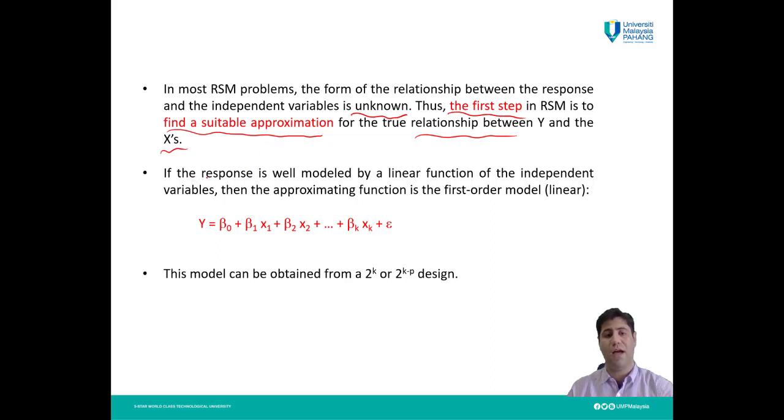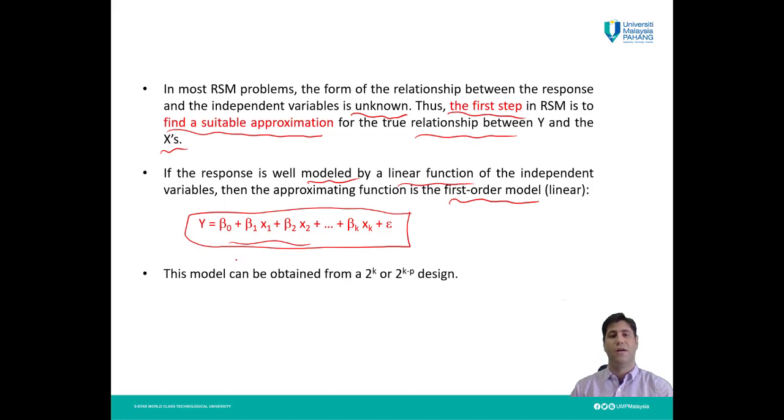And if the response is well modeled by a linear function of independent variables, like what we have here, then the approximating function is the first order model, like what you can see here. I think you already know about this equation.